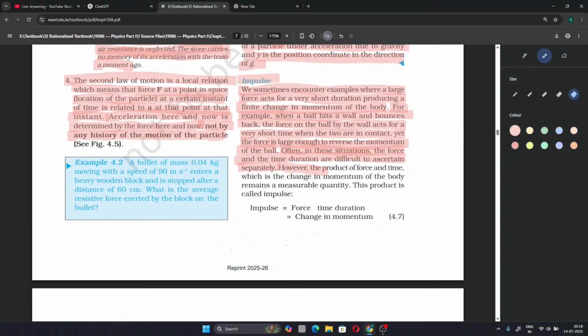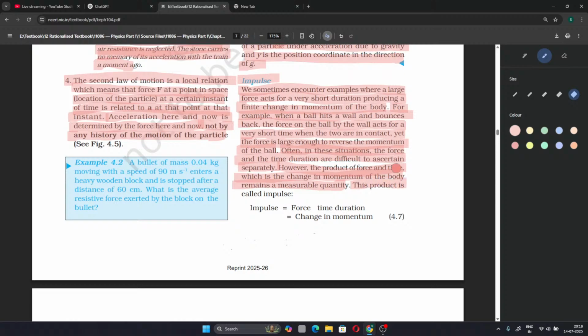However, the product of force and time, which is the change in momentum of the body, remains a measurable quantity.